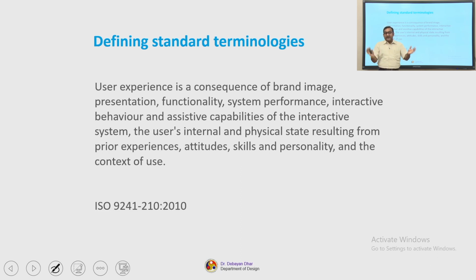Apart from this, which are all characteristics of anticipated and actual use, there is the customer's prior experience with the product, his attitude, which is influenced by many things, his social dynamics, word of mouth from his friends and circles, his skills and personality, what kind of skill sets he has acquired over the years, what his personality is, and the situation where the product is going to be used.